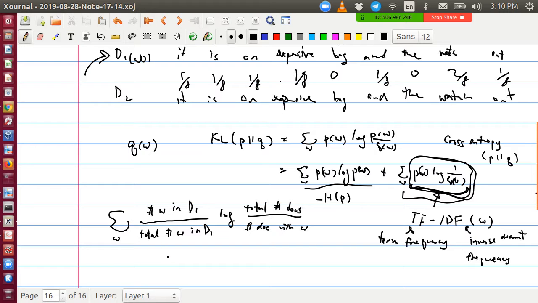Anyway, yes, that will be for the Q(W). For this particular part, I'm not comparing document 1 with document 2, but say I have a document and I want to see how the distribution of the words in the document compares with all possible words, let's say in English.